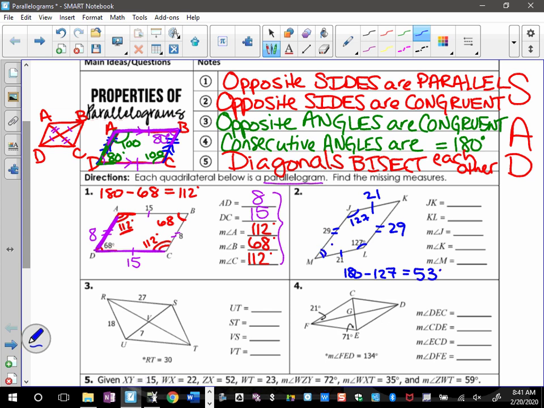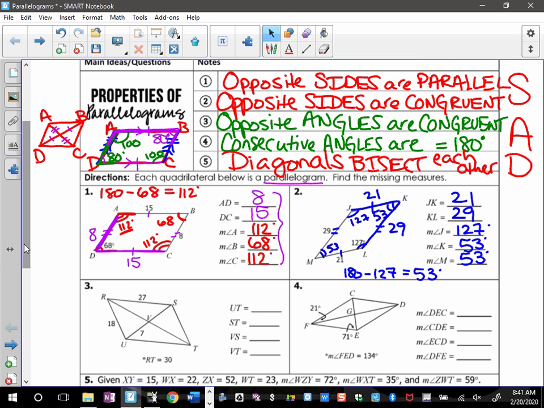So M is 53, K is 53. And then again, you're just filling in. So JK was 21, KL 29, angle J 127, angle K 53, and angle M was also 53.